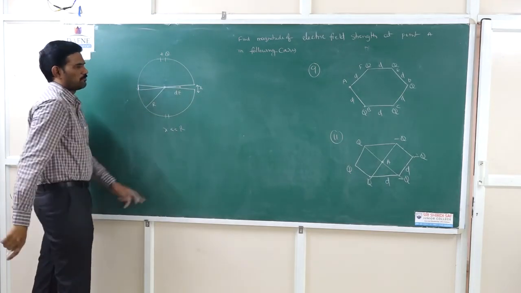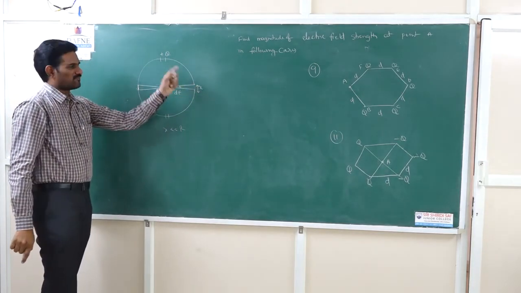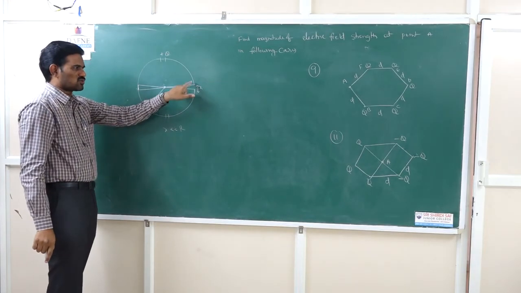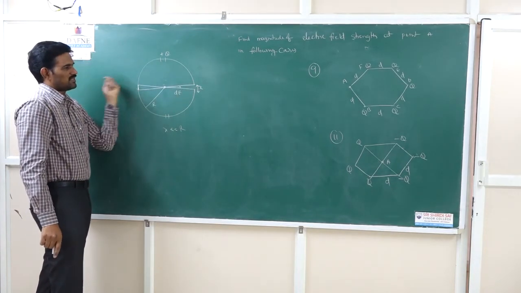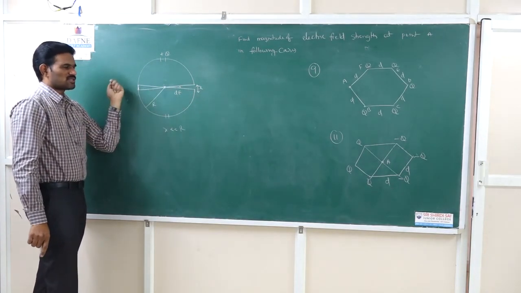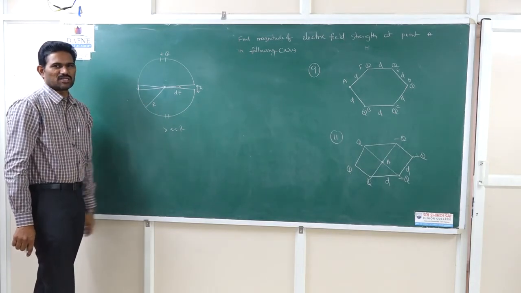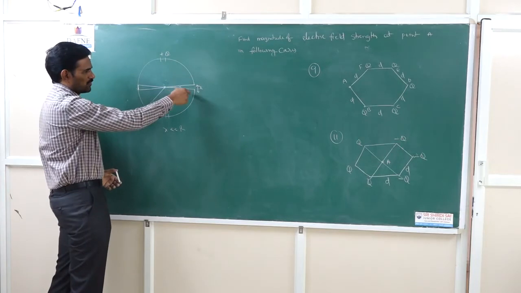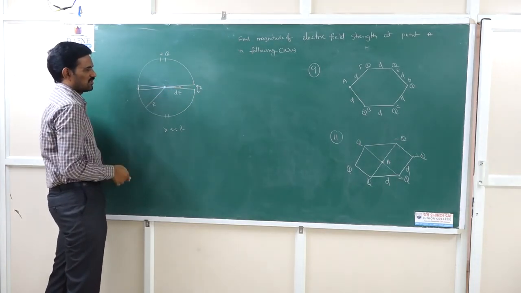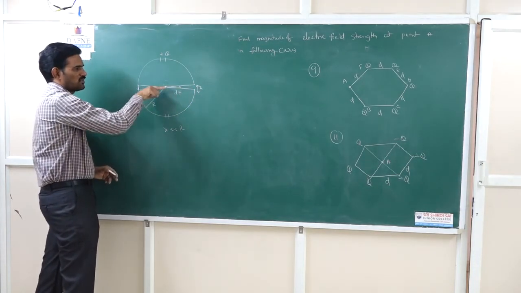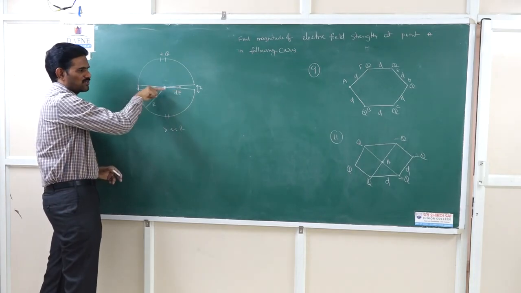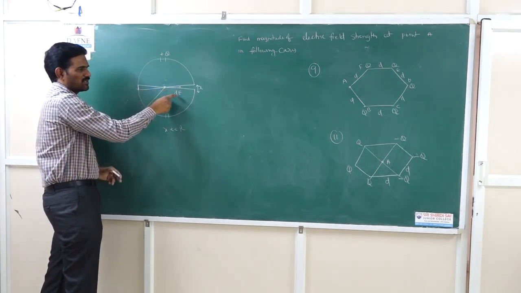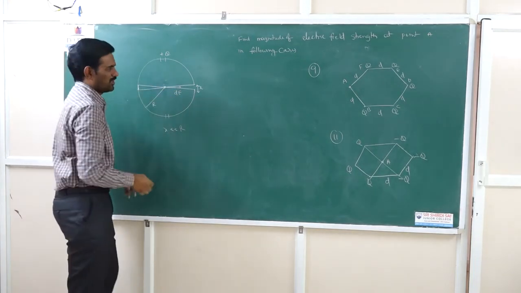But at the opening there is no charge. If charge were there, if it were closed, then that element would also produce an electric field in this direction, so that the net electric field at that point would be 0. But here the opening is there, that means there is no charge here. So only this field will be the unbalanced field, and the resultant electric field at that point is nothing but due to that small element only.